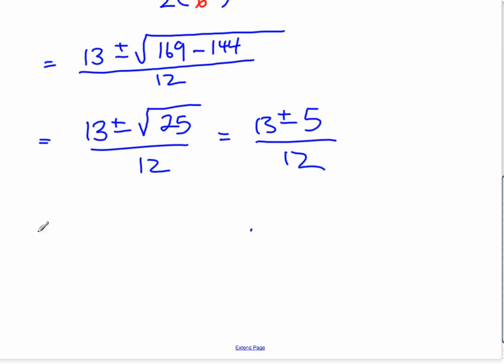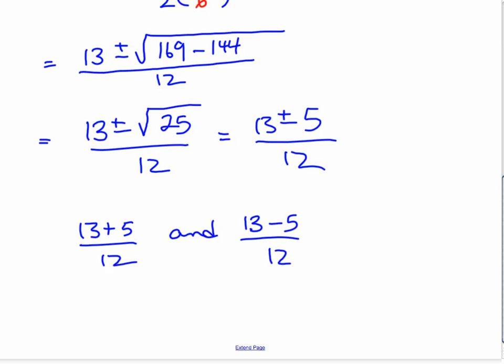I can go 13 plus 5 divided by 12, and my other answer is 13 minus 5 all over 12. In the first case I get 18 twelfths, which is the same thing as 3 over 2.